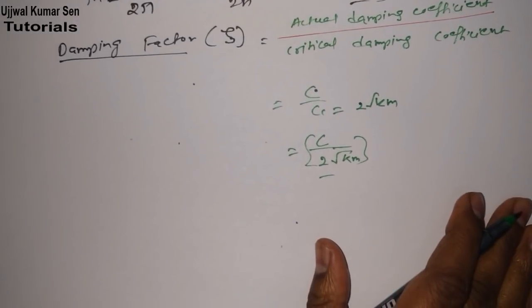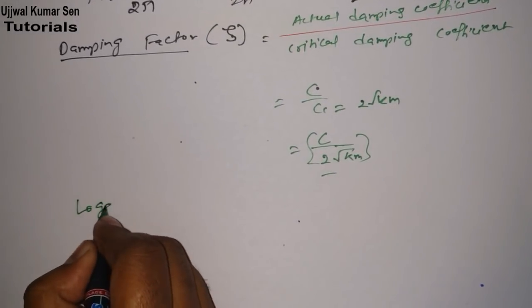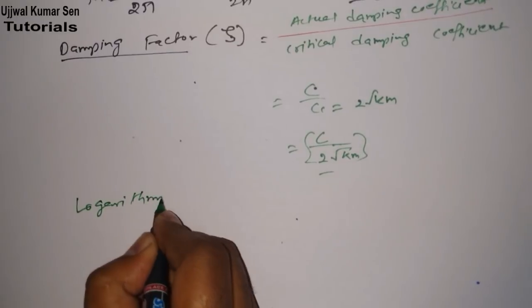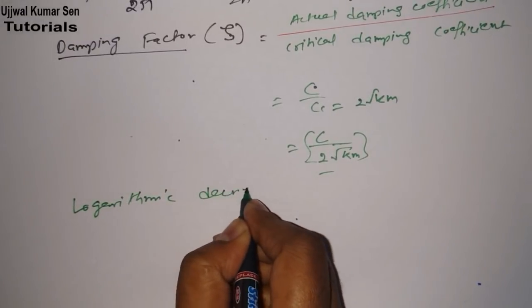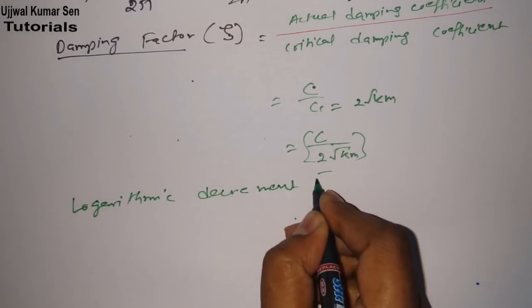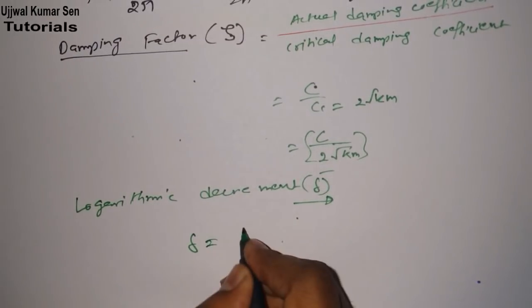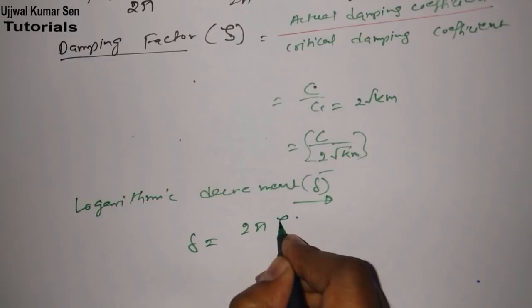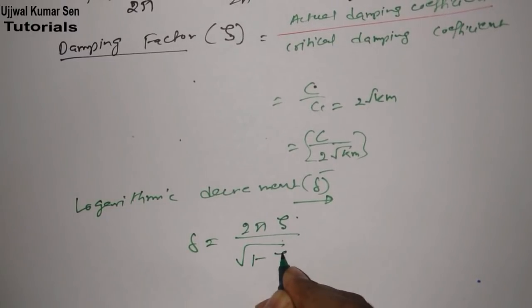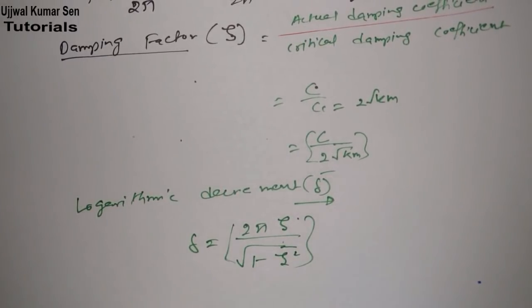Okay. Now let's move to the next, logarithmic decrement. This is denoted by delta. Delta is equal to 2 pi zeta by root under 1 minus zeta square. Now here I will share with you something.